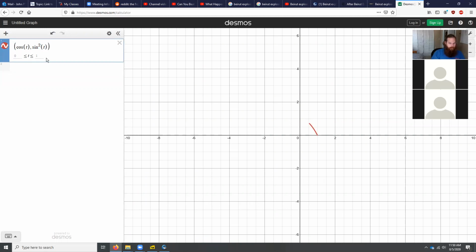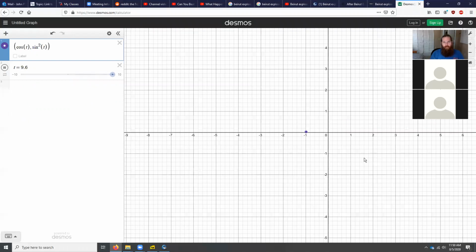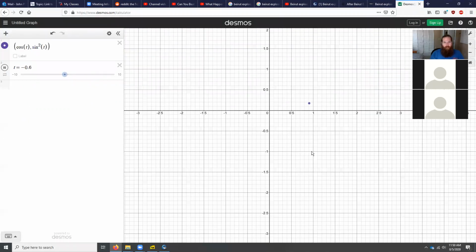I don't know why it's not, usually it gives me the option to. Yeah, here we go. So what you see is this, right? My little guy bouncing back and forth along that parabola.